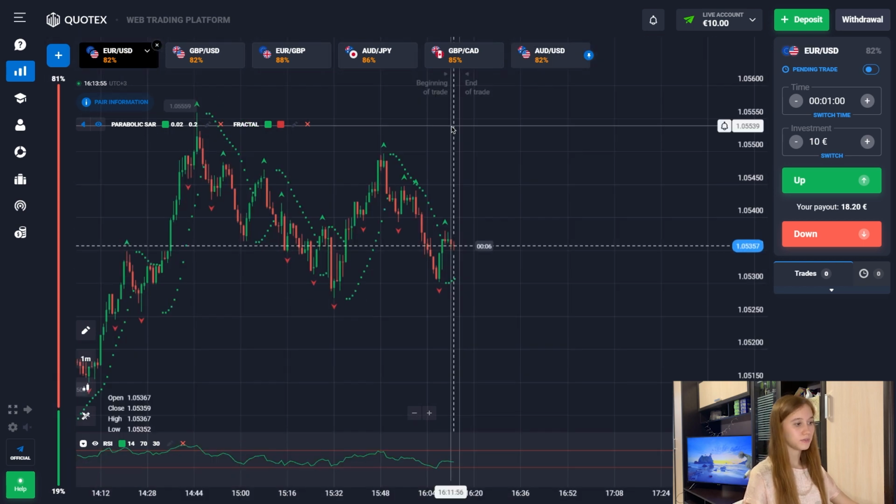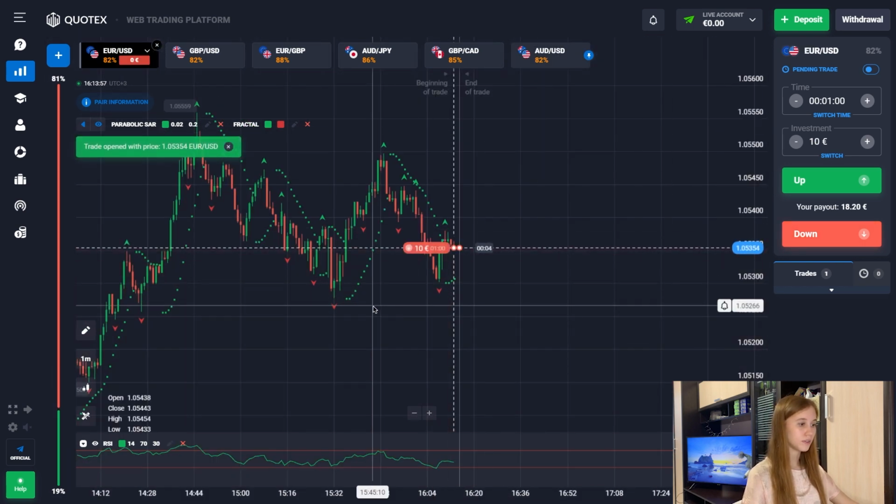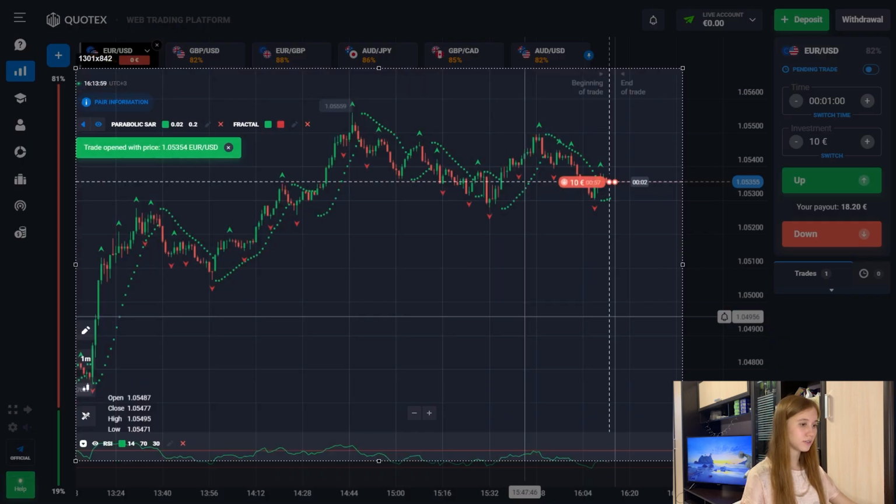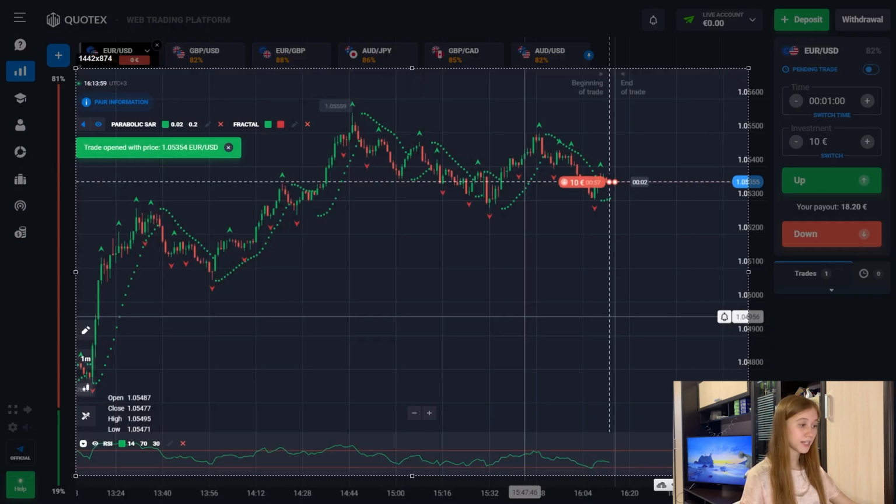Here we can immediately open a deal for a fall. We see that our trend is going down and we fixed it. And we see that the price didn't start to fall here. For some reason it lingered.